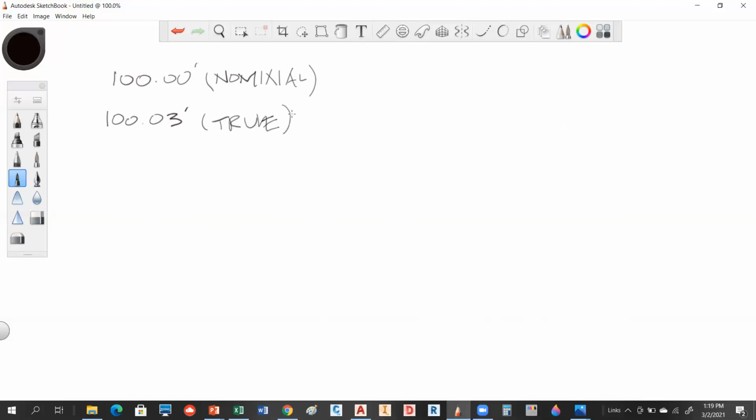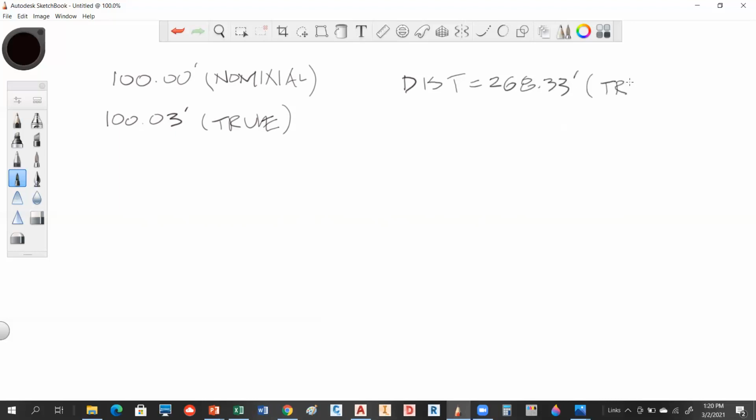And then it's used to measure the distance between two building corners. The distance between those corners is supposed to be 268.33 feet. This is also a true distance.